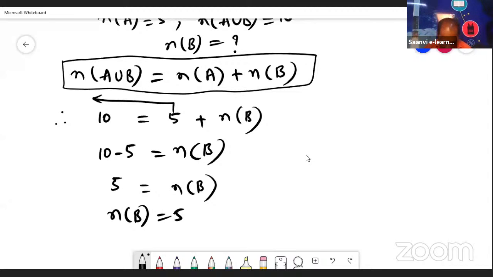So like this, children, definitely one problem will be asked on these two formulae. So be perfect on these two formulae. And now see the next question.